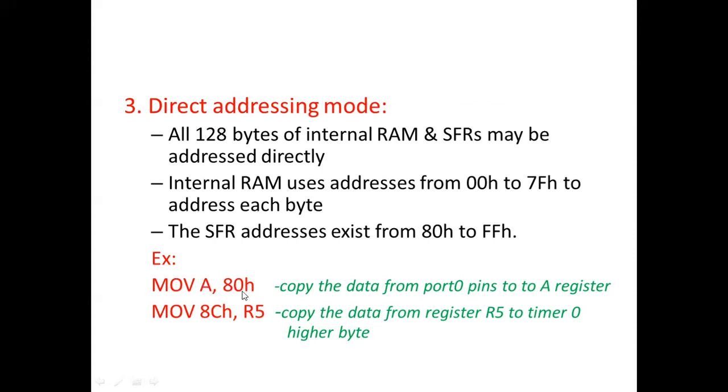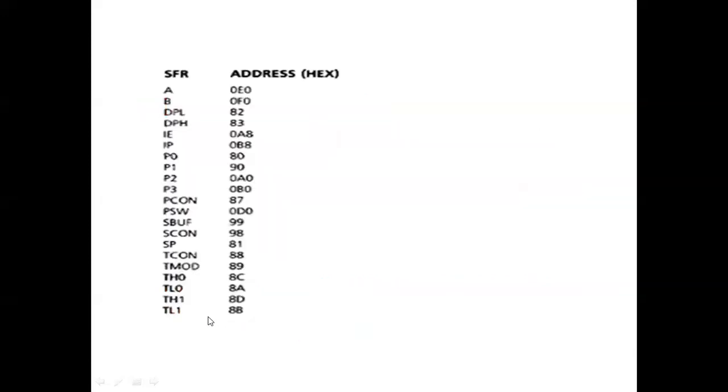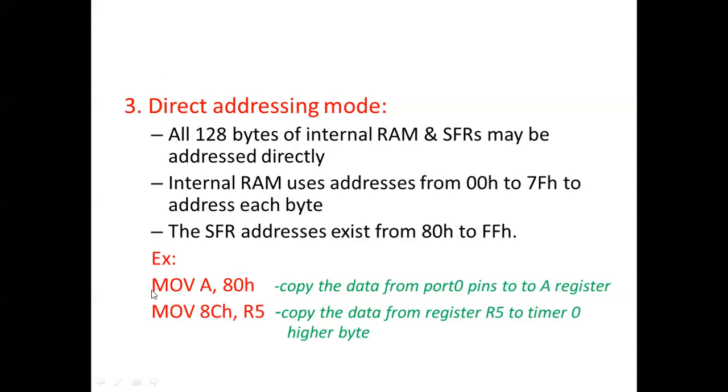MOV A, 80H means copy the data from port 0, because 80H is the address of port 0, to the accumulator or A register. Another example you can see here is MOV TH0, R5. What is TH0? It represents the higher byte of timer 0. So copy the data from register R5 to the timer 0 higher byte.